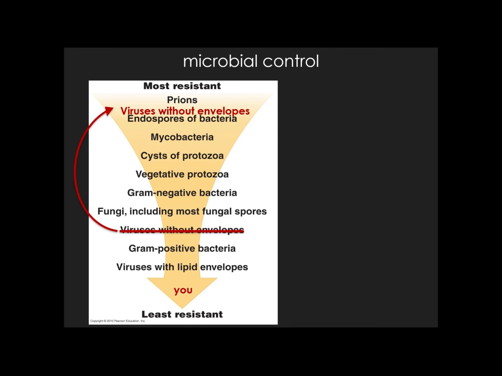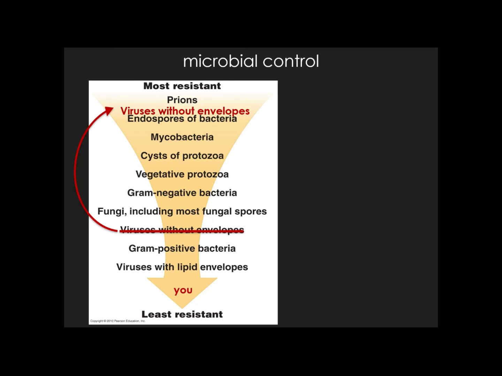Then we have the mycobacteria, which have that thick peptidoglycan and the mycolic acid layer, which is very difficult to penetrate. The endospores of bacteria, which of course are very difficult to penetrate and are highly dehydrated, and so are not as susceptible to ionizing radiation, then viruses without envelopes, and then finally prions.